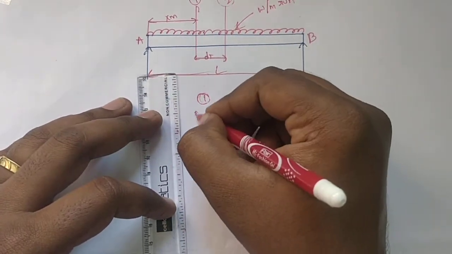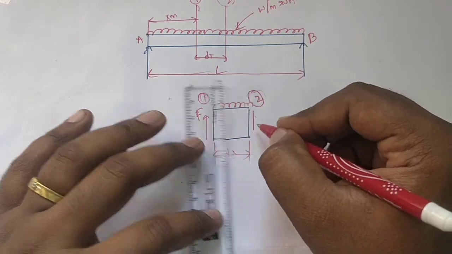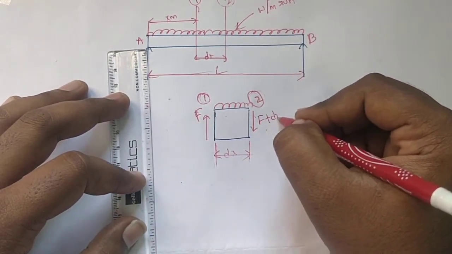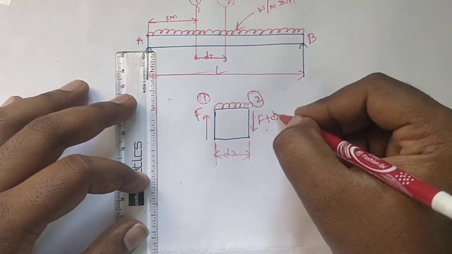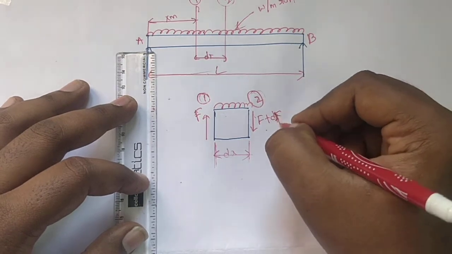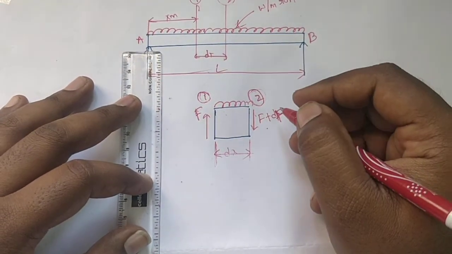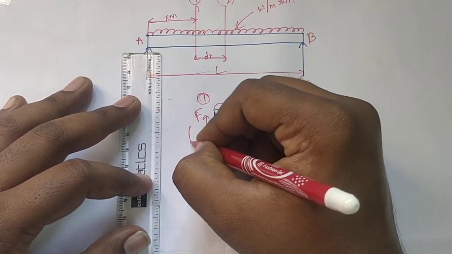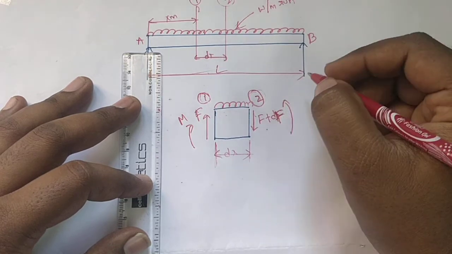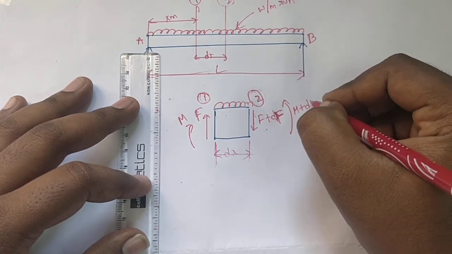We can take any direction, no problem. Similarly, at section 2 the shear force is acting downwards with intensity F plus dF. Similarly, at section 1 there is a moment M. At section 2 the moment is increased, that is M plus dM.